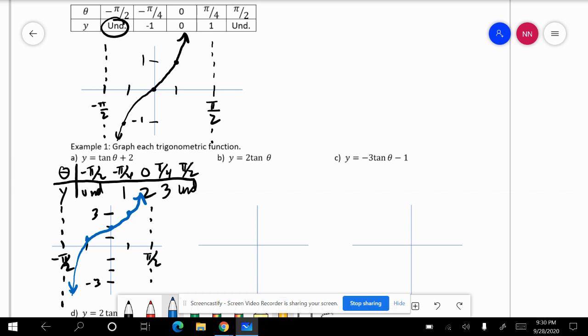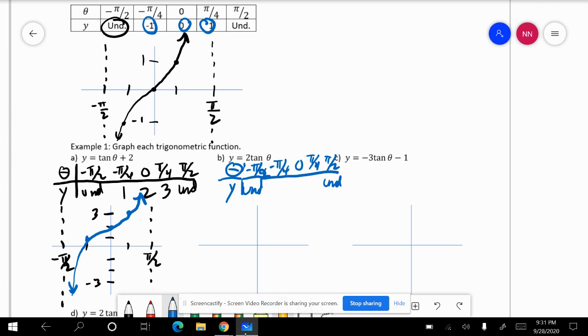Now, looking at letter B, we're going to do the same thing. We have theta and y. We have the negative pi halves, negative pi over 4, 0, pi over 4, and pi halves. We start with undefined, we end with undefined. Now we're going to plug in each of our values into our tangent.